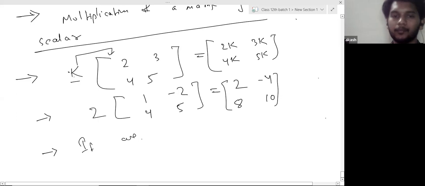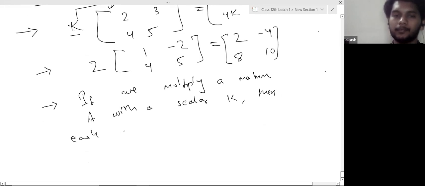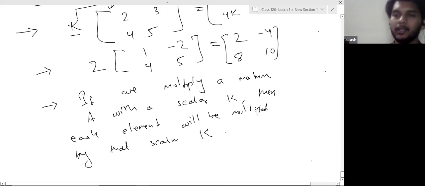If we multiply a matrix A with a scalar k, then each element will be multiplied by that scalar k. All right, note it down.